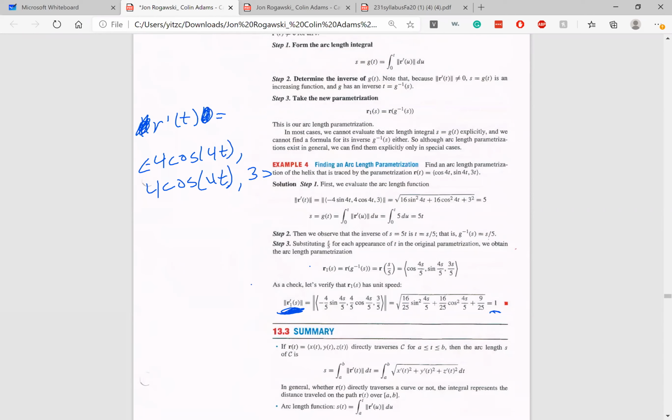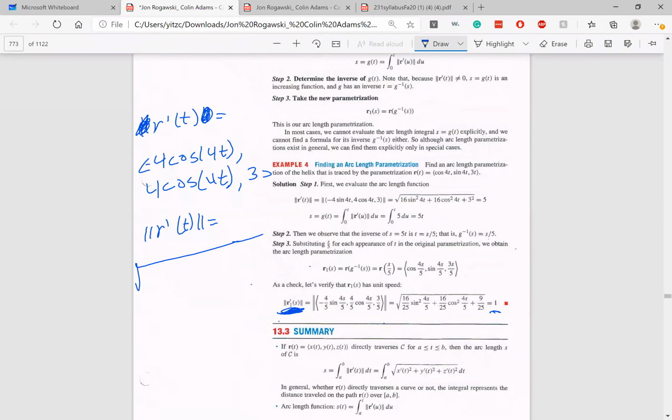Then the magnitude of r prime of t is going to be the square root of this squared plus this squared plus this squared. So that would be 16 sine squared of 4t plus 16 cosine squared of 4t plus 3 squared, so 9.